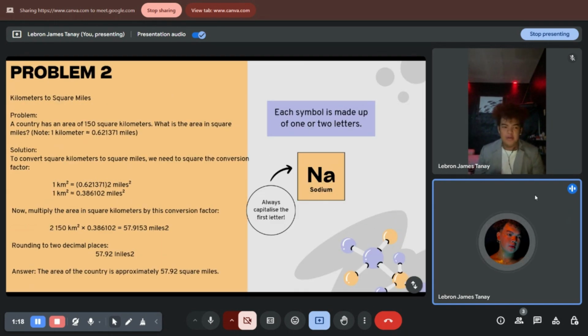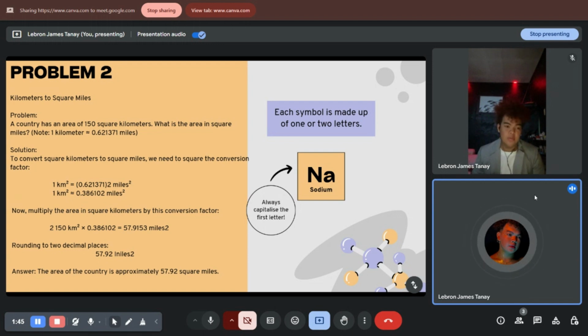Problem number 2, square kilometers to square miles. A country has an area of 150 square kilometers. What is the area in square miles? Note, 1 kilometer is equal to 0.62137 miles. To convert square kilometers to square miles, we need to square the conversion factor.